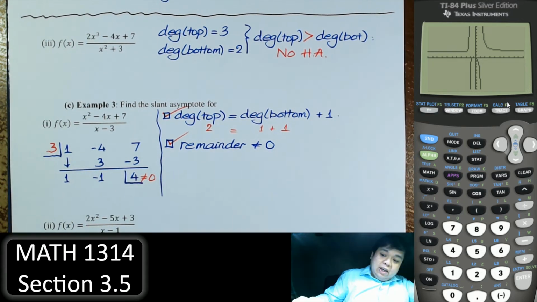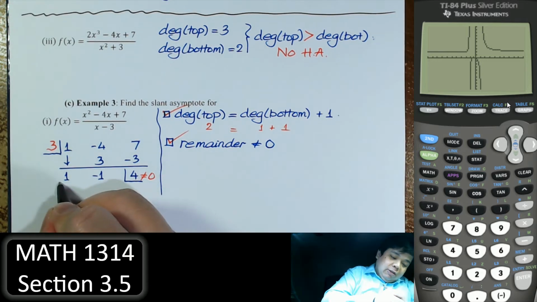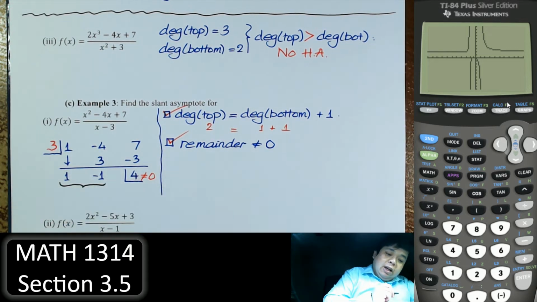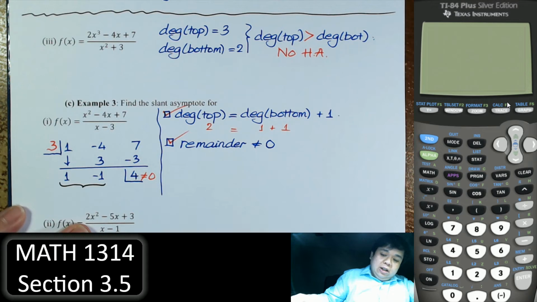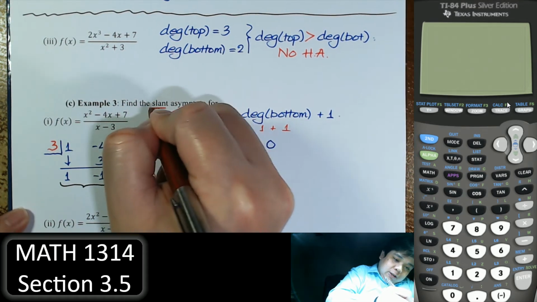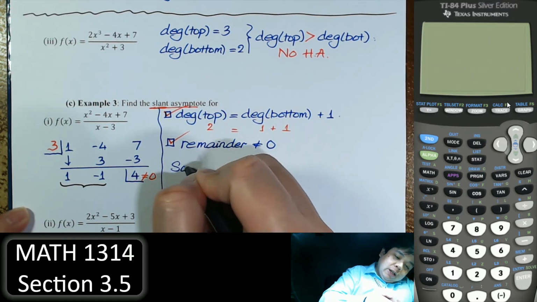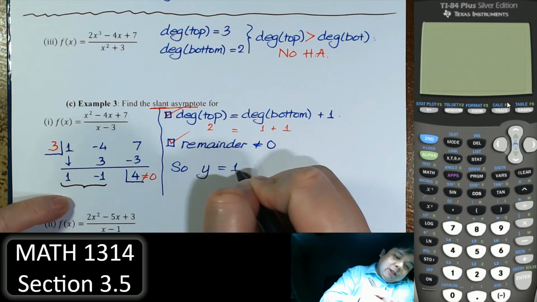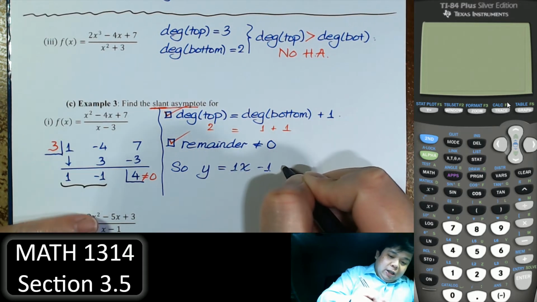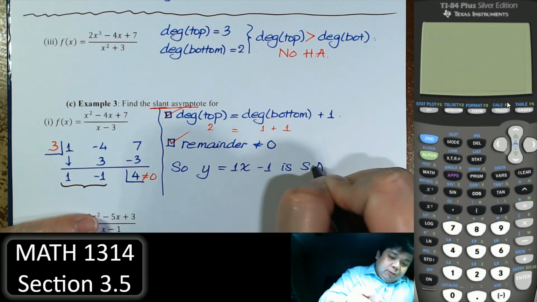So if this is the case, then we have the quotient as a slant asymptote, so we say y equal to 1x minus 1 is the slant asymptote.